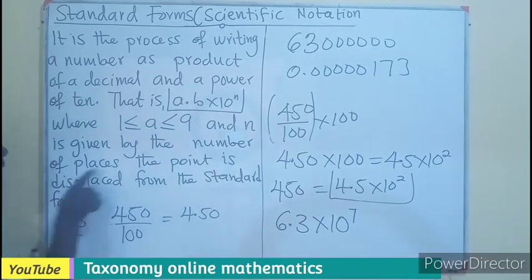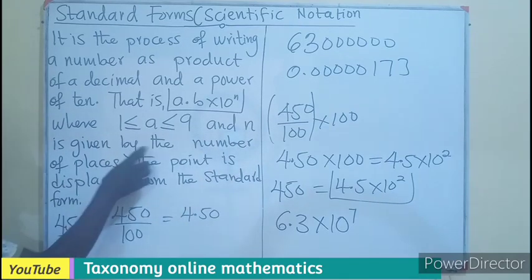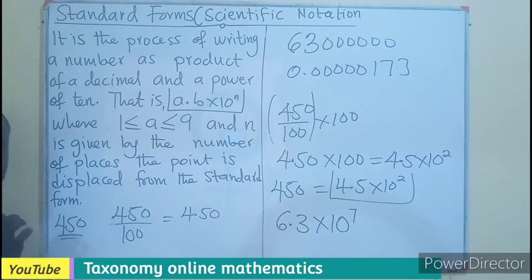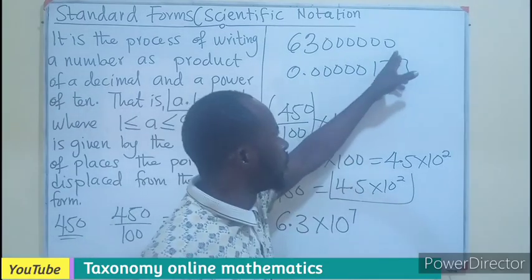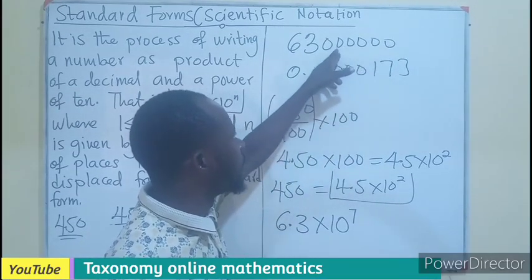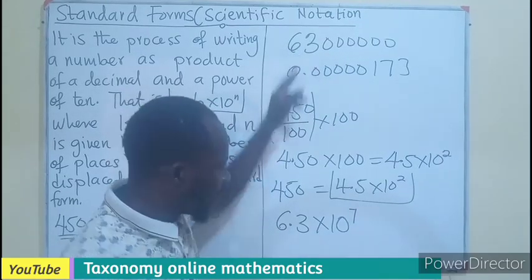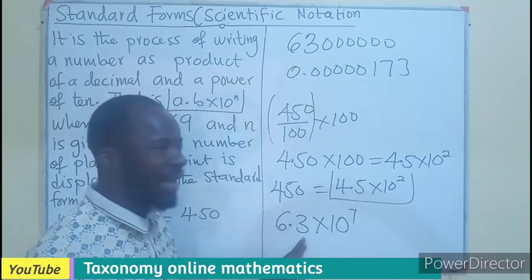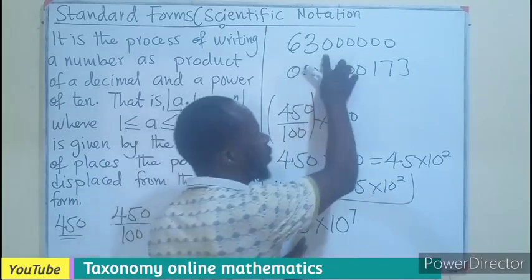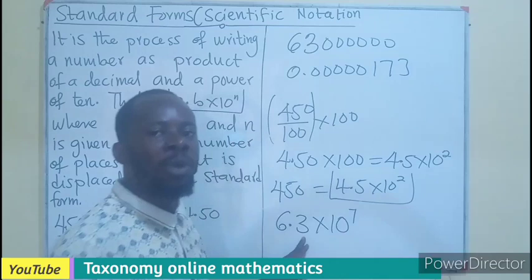We say that n is given by the number of places the point is displaced: 1, 2, 3, 4, 5, 6, 7. It displaces 7 places. So we have 6.3. I said earlier that the zeros can be ignored after the decimal point.